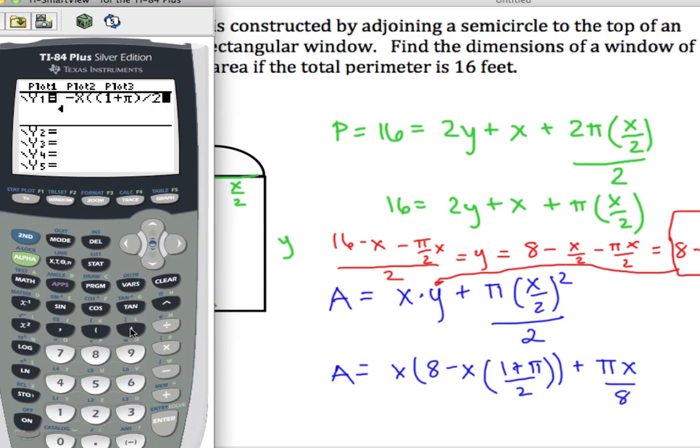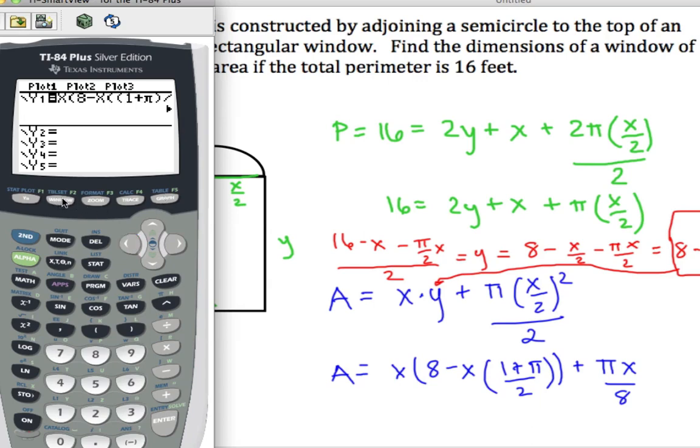Okay, that closes the parentheses for that x, and then I need to close this parentheses one more time, and then plus pi x over 8. Let me just review this again. So I think it's right.